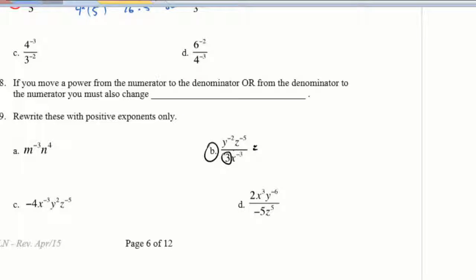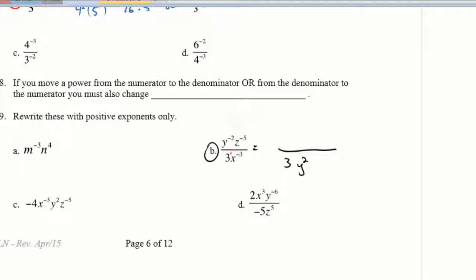You'll notice that the 3 doesn't have an exponent, so the exponent on the 3 is just going to be a 1. And it's a positive 1, so I don't actually flip it. I just leave it there. So everything's going to move, except that 3 is going to stay there. So this y to the negative 2, I'm going to put it on the bottom, and my exponent becomes positive 2, because I took the reciprocal of it.